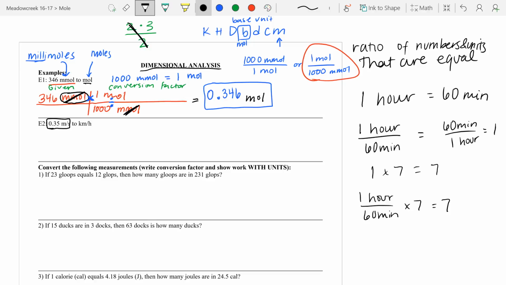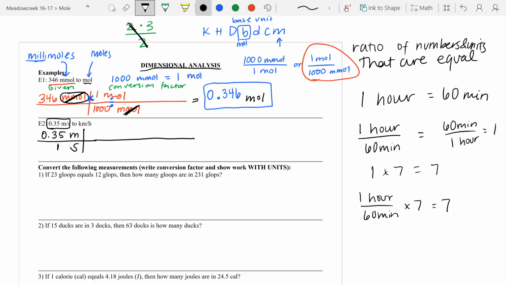Now, the reason why we do dimensional analysis is it allows you to put it in your calculator all at one time. So we'll start by putting our 0.35 meters over seconds, essentially saying per 1 second here. And we know that at the end, we want to do kilometers per hour. So we're going to start off first with switching meters into kilometers.